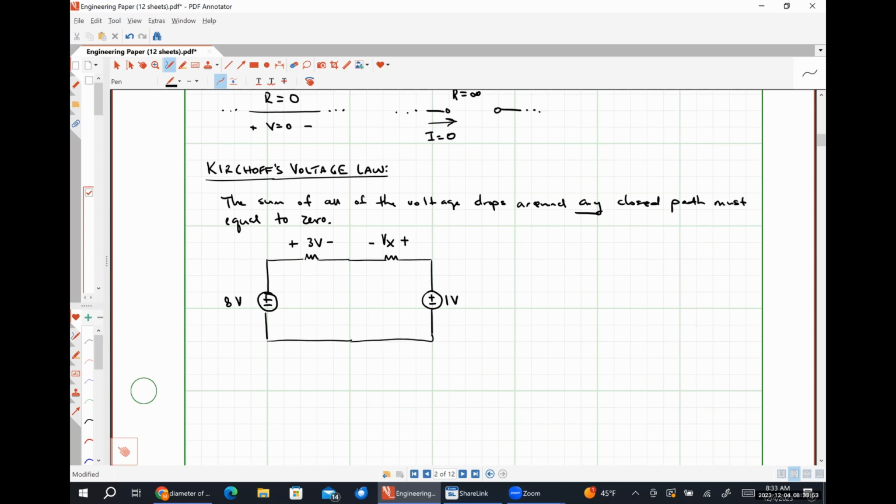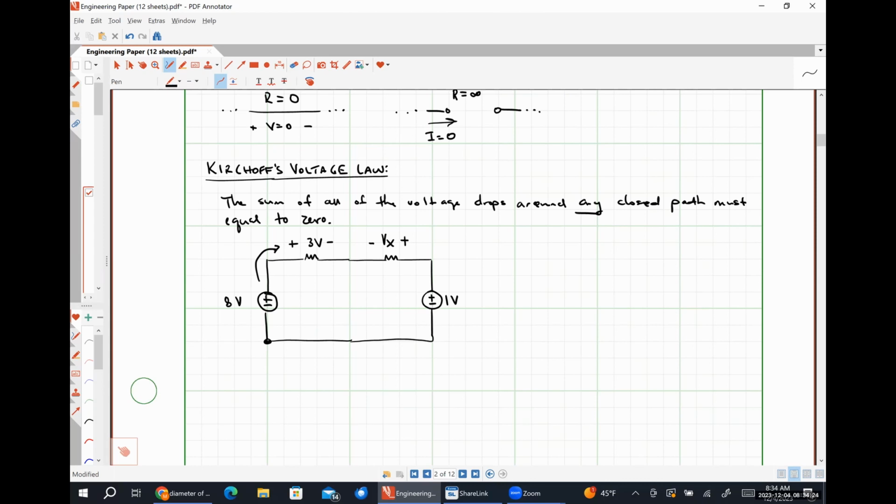Would you guys prefer clockwise or counterclockwise around this path? Clockwise, okay. So we're going to go around this path in a clockwise direction, starting from the bottom left-hand corner. Anytime I see a negative polarity terminal first, I'm going to put a negative sign in. Anytime I see a positive polarity terminal first, I'm going to put a positive sign in.